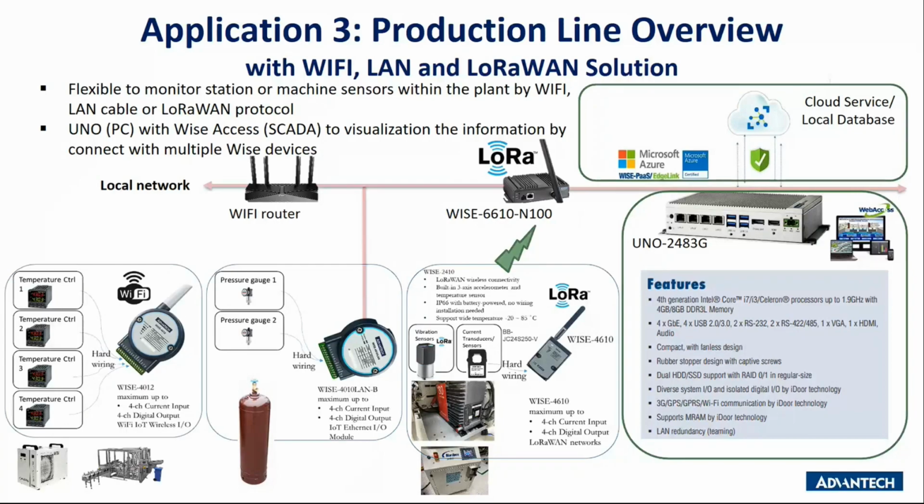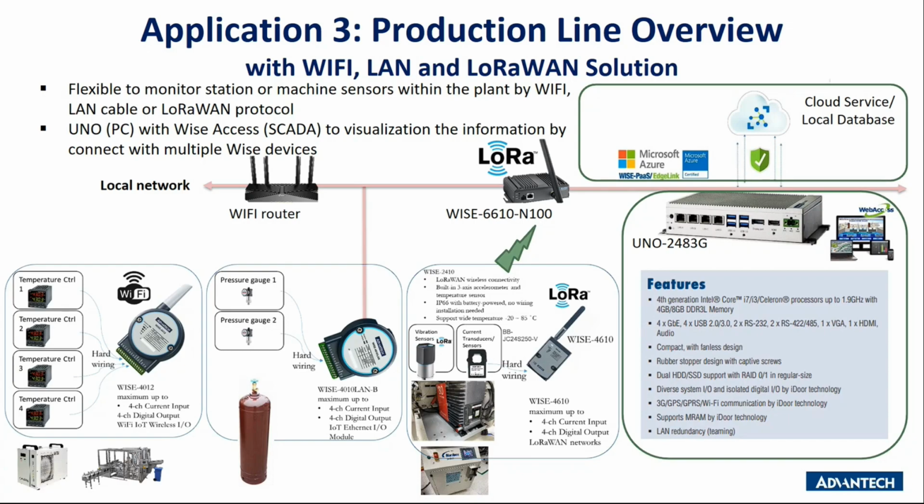You no need to pull or redo some wiring for the LAN cable all the way from one end to the other end. So for this Wi-Fi, it can be hooked up to even our industrial Wi-Fi router, so that it can transmit all this information by Wi-Fi.